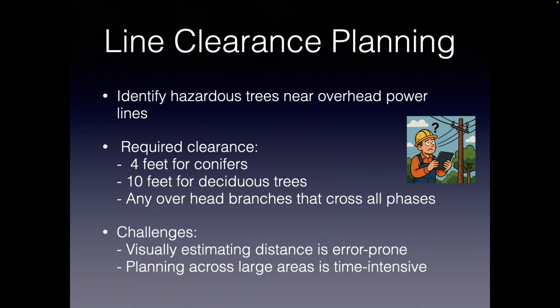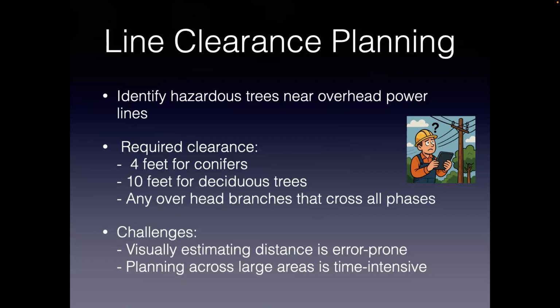Line clearance planning is identifying hazardous trees near overhead power lines. Some of our required clearance standards from our utility companies here in Michigan are 4 feet of clearance for conifers or evergreen trees, 10 feet of clearance for deciduous trees, and any overhead branches that cross over all phases of the primary are all deemed hazardous.